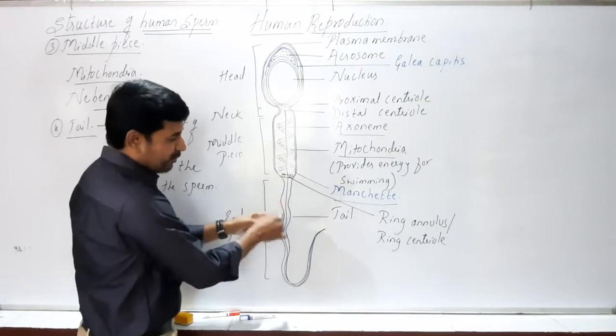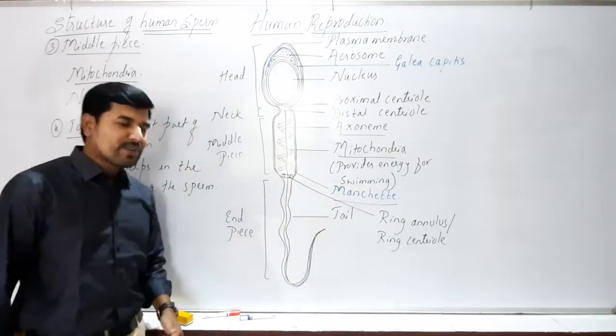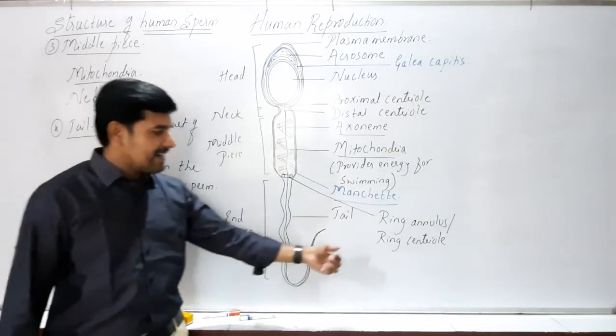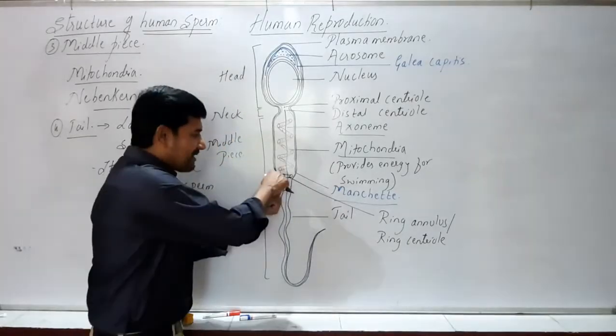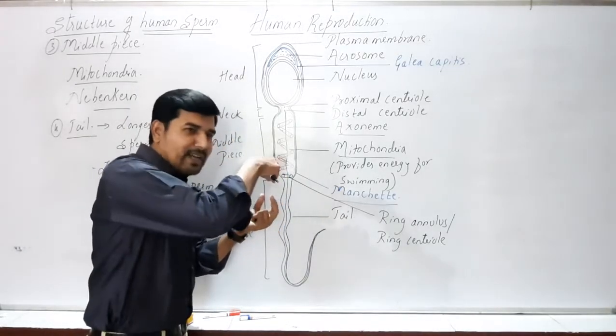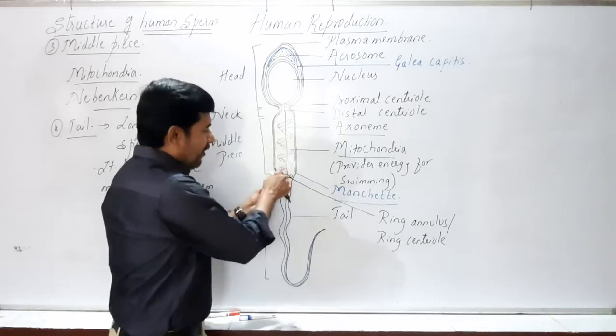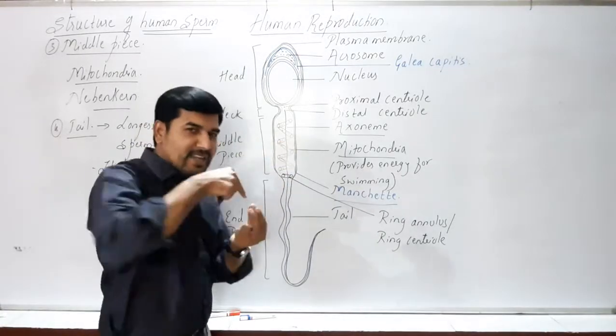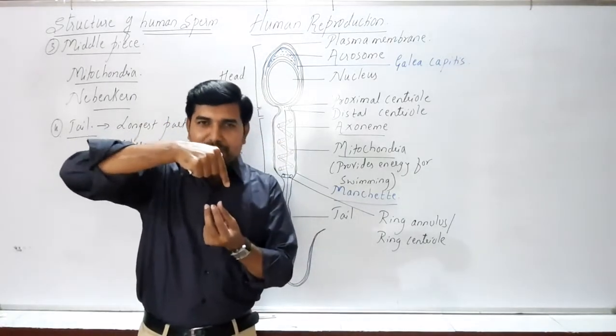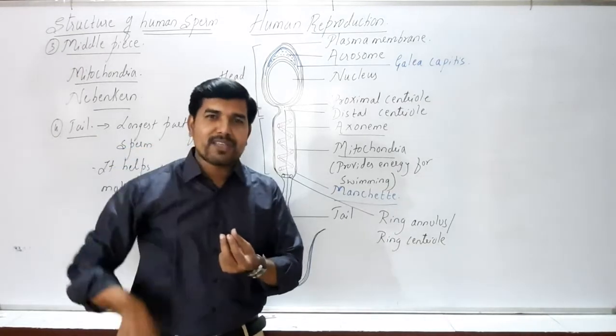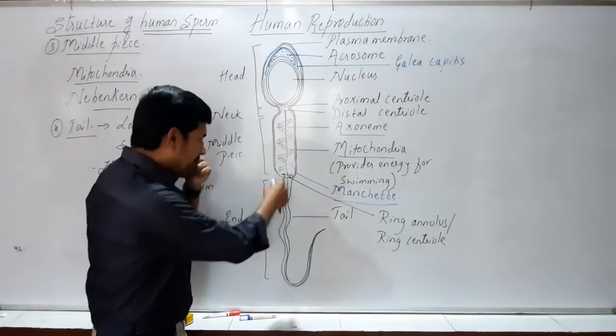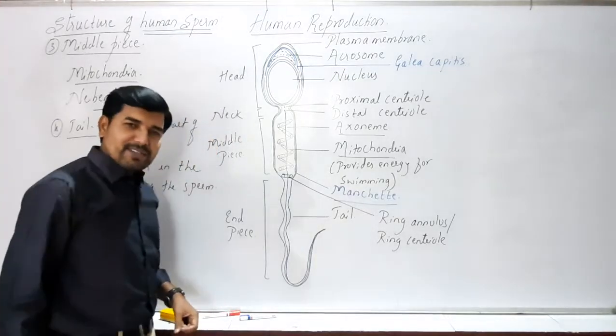From this, the axoneme also continues towards the tail part. This is also an additional term. So a ring centriole has this annulus, annulus meaning circle, ring-like. If we look at its structure, it is arranged in the form of a ring. That's what is called an annulus, or a ring centriole, through which the axoneme also passes.